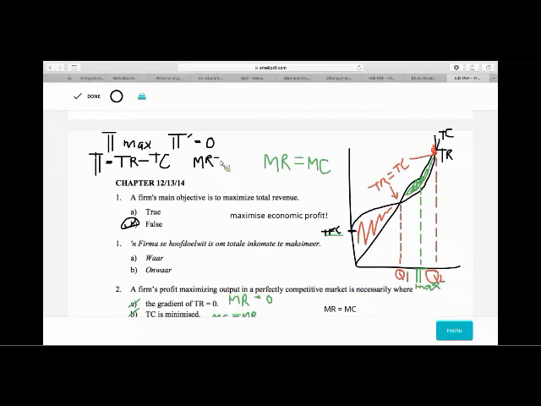And if I want to find where the first derivative of the profit function is at the max, I set it equal to 0. And if I rearrange that formula, I get the first derivative of profit is 0 when marginal revenue equals marginal cost. So that's a short little mathematical proof for why MR equals MC is the profit maximizing point for outputs.